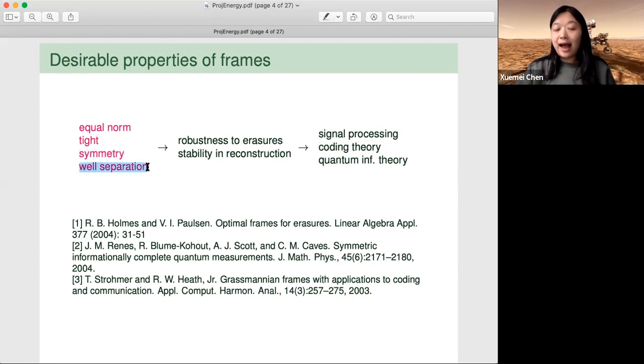And it's also really nice if your frame vectors are kind of apart from each other. I'm going to call that well-separated frames.